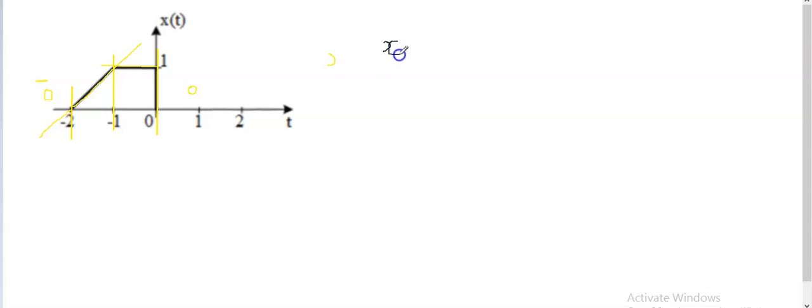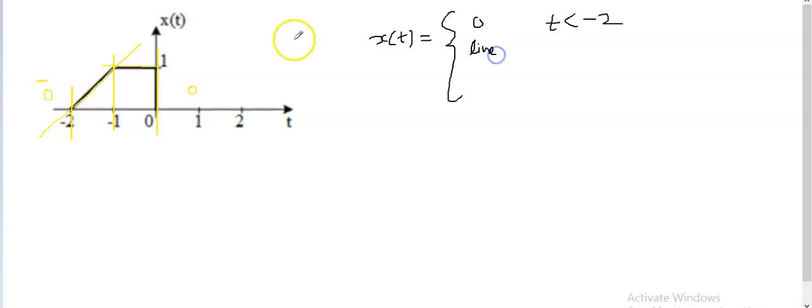Any mathematician will write this x(t) as this expression. Okay, what will be that expression? It is 0 when t is less than minus 2. It is a line, you will be finding out the line also, but what is that line?